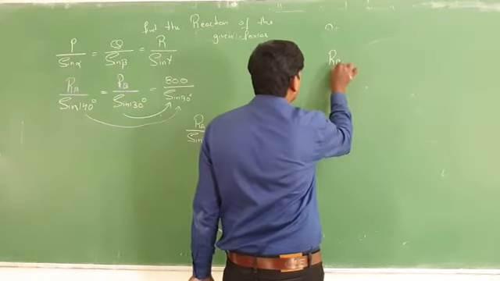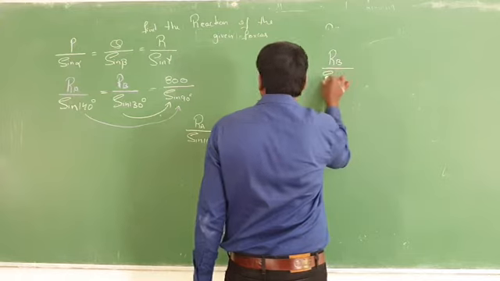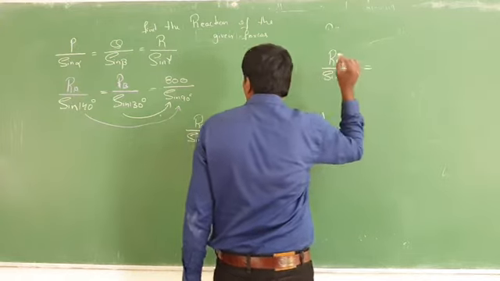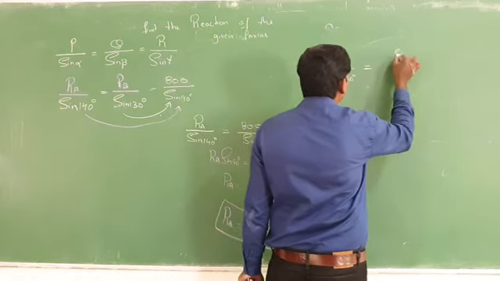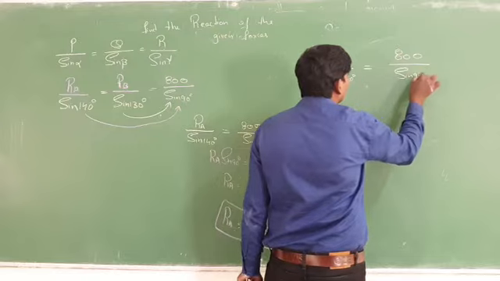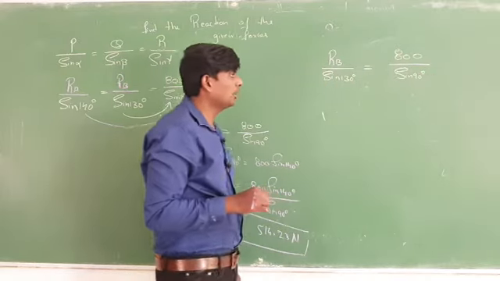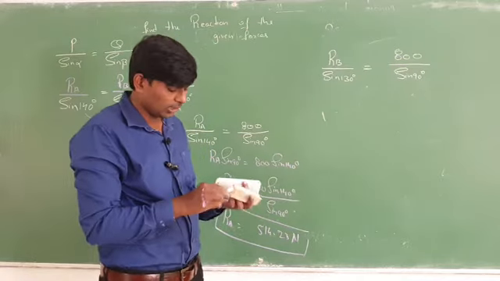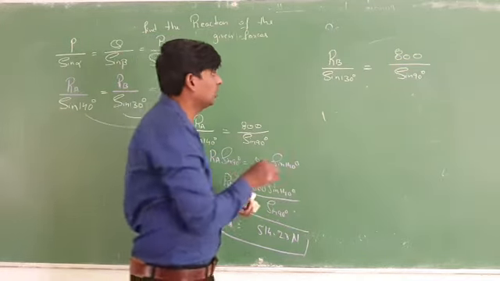So, RB by sine 130 degree is equal to 800 sine 90 degree. Again here you have to go for the cross multiplication.